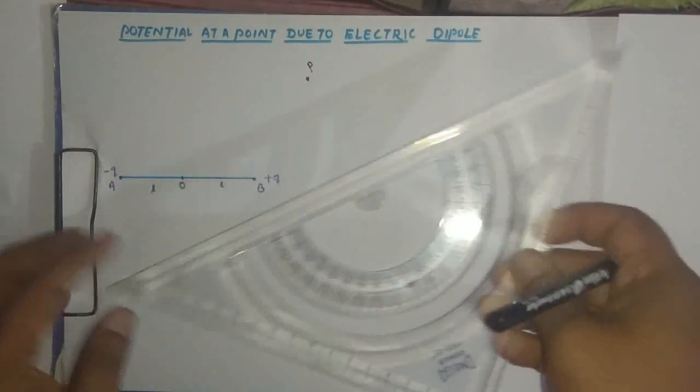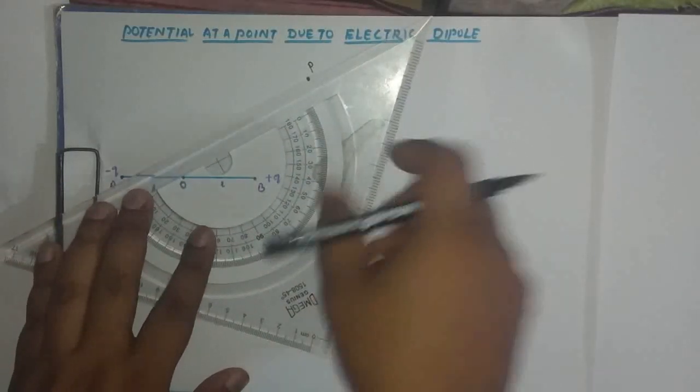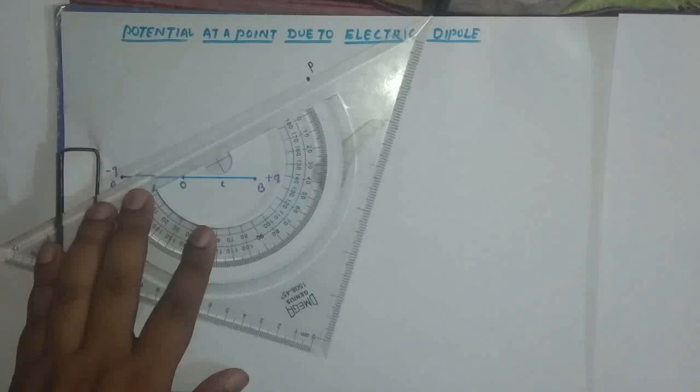The potential formula is a very easy formula, KQ by R. Easily we can find it out.